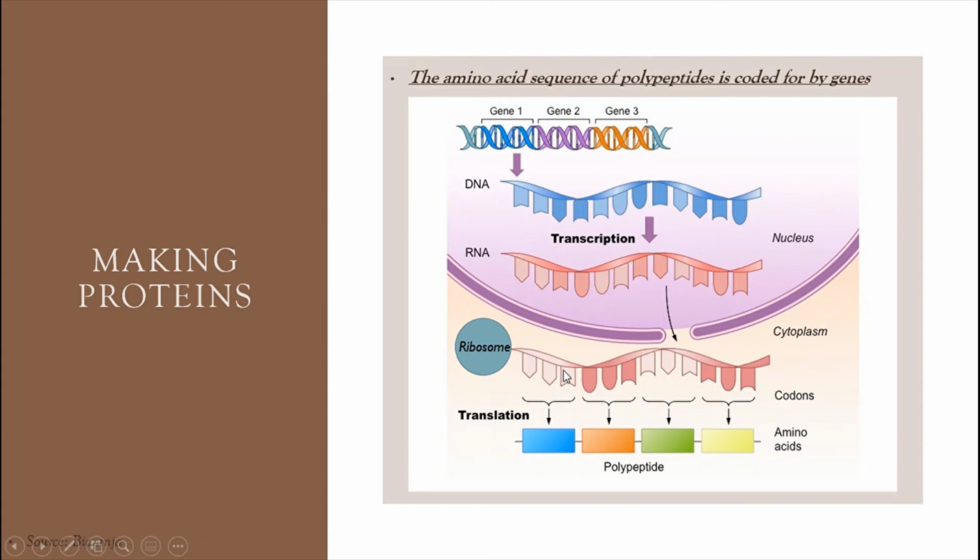So for every 3 bases, or for each codon, we get an amino acid produced. Then these amino acids are joined together to make our polypeptide. Obviously this was just a very simple rundown of the process of making proteins, but there'll be more about this later in the topic of molecular biology. I believe it's topic 2.7.